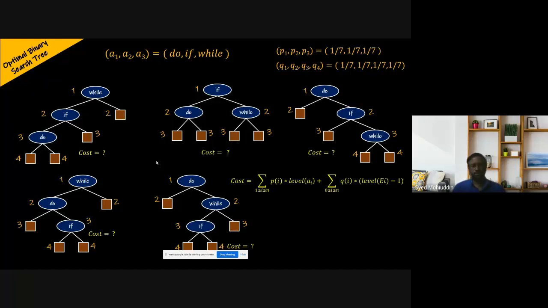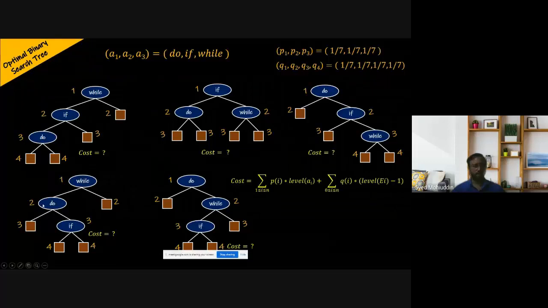For example, in the first tree, do is at level 3, because while is the root node, it's level 1. If it's a child, it's level 2, then do is at level 3. So the number of comparisons needed for do is 3.